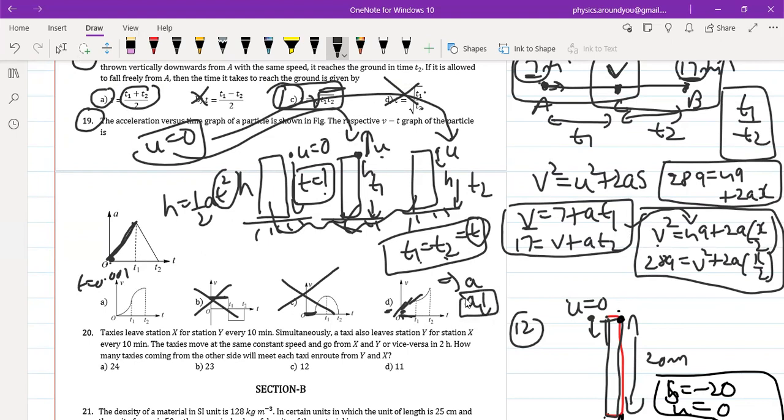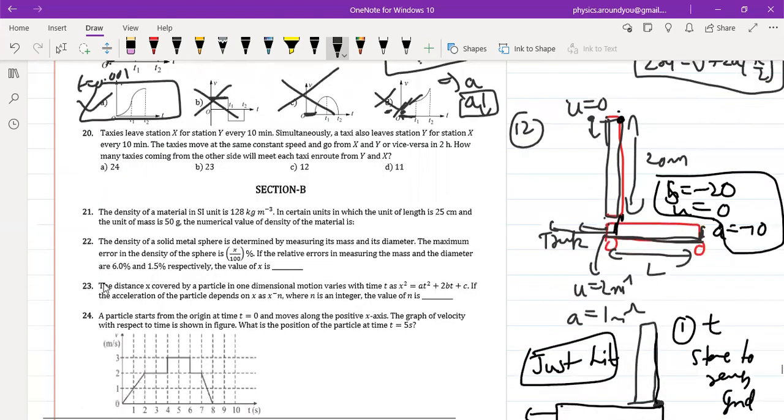Acceleration is becoming less and less according to D. But according to the graph, acceleration is actually increasing. So even D cannot be the answer. It should be A. By use of elimination and graphical analysis, we come to the conclusion that the 19th one goes with A. Question number 20.